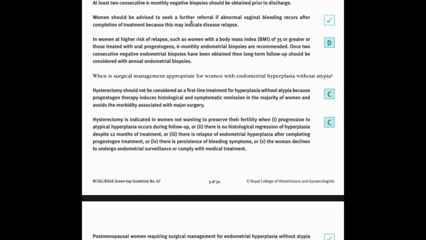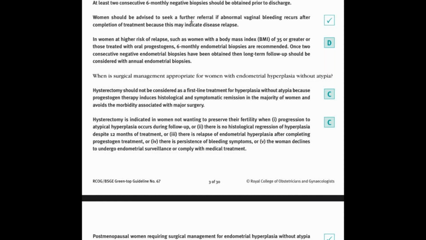In women at higher risk of relapse, such as women with a BMI of 35 or greater, or those treated with oral progesterone, 6 monthly endometrial biopsies are recommended. Once 2 negative endometrial biopsies have been obtained, then long-term follow-up should be considered with annual endometrial biopsy. Now here you have an exception from the follow-up that we talked about earlier for the Mirena.